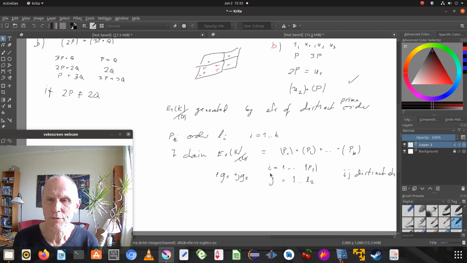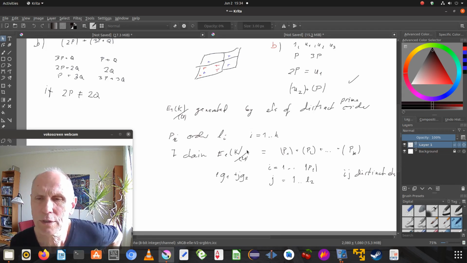And it even holds if they are mutually prime. Now, I think there was something I didn't show that needed to be shown to do this.